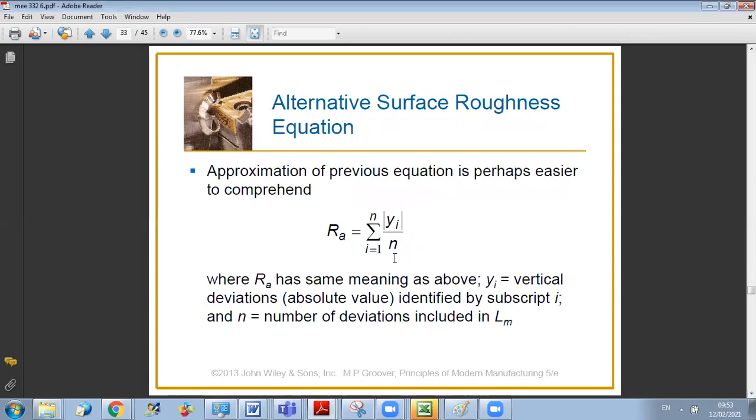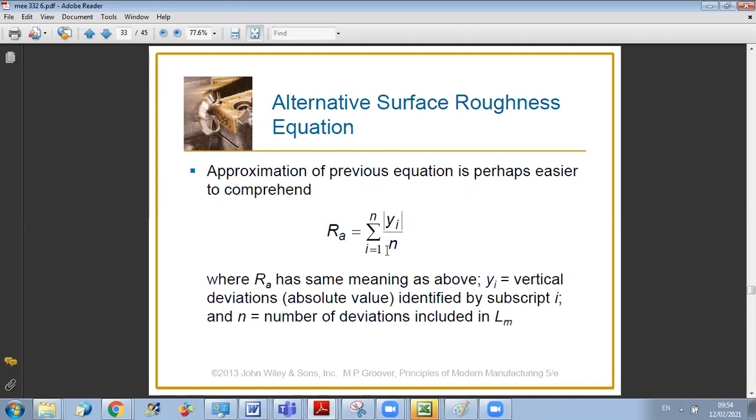Now, another possibility to measure roughness, instead of doing integration, is to choose a high number of points. So if I choose a high number of points on the surface, I can say that in approximation, instead of doing integration over the whole length, the roughness can be approximated as the summation from i to n of the absolute value of the deviation over the number of elements I am considering.